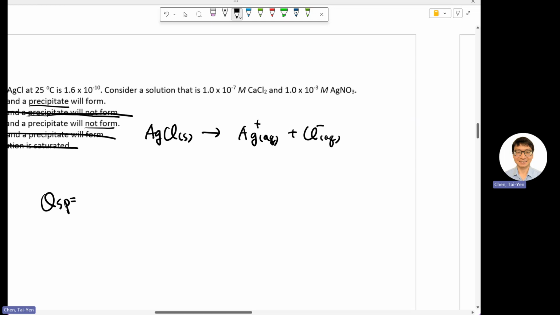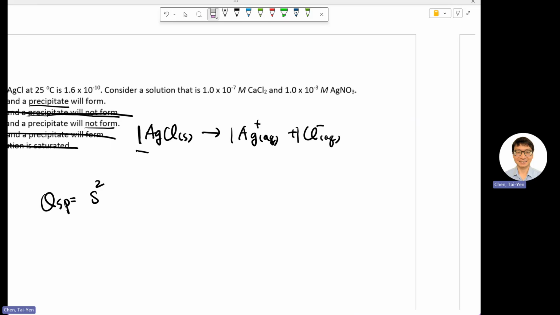QSP will be what? You see this 1 to 1 to 1, right? So the solubility of Ag+ will be S, Cl- will be S, right? Therefore, the QSP is just S squared. Okay. So now you need to figure out what's the concentration of your Ag+ and what's the concentration of your Cl-.